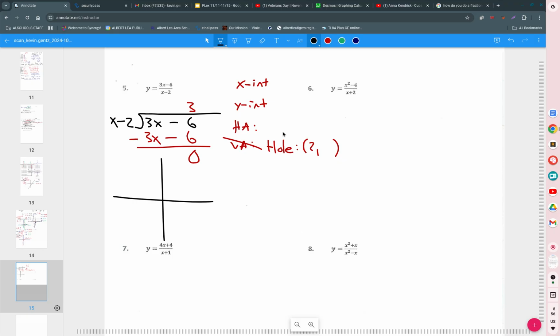So watch how I'm going to do this. I'm going to go up 1, 2, 3. And I'm going to draw this horizontal line. And when I get to an x value of 2, I put a hole there. I finish it across.